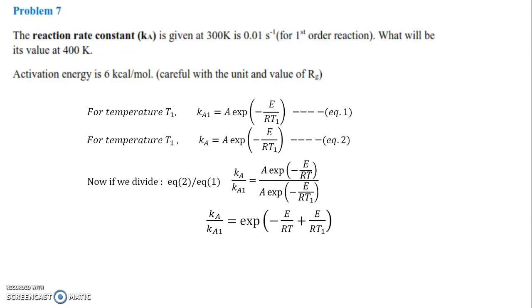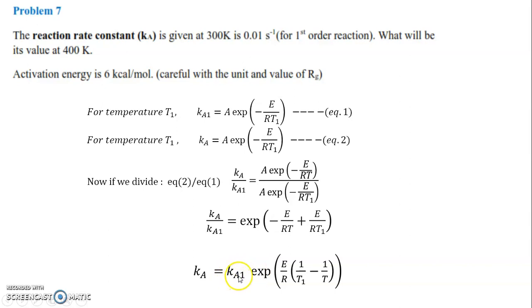We will apply this formula to the exponential part of this equation. So we have Ka divided by Ka1 equal to exp of minus E by RT plus E by RT1. We can take E by R common inside the exponential term, so we can write the equation as k equal to k1 exp in the bracket E by R in the bracket 1 upon T1 minus 1 upon T. This is the formula we can use.